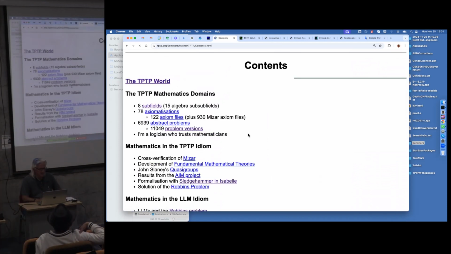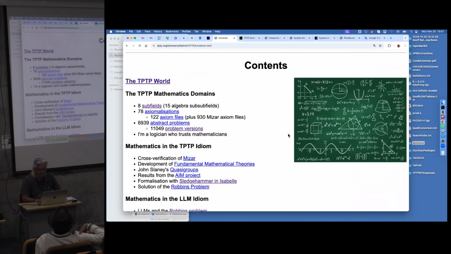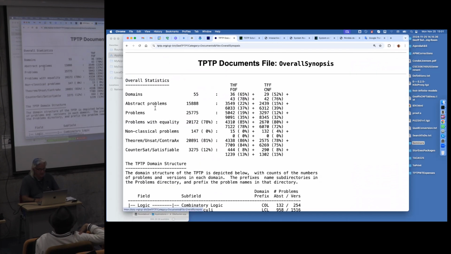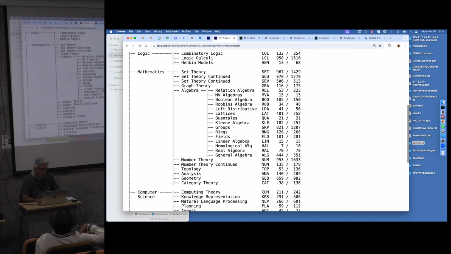As I said at the beginning, there was lots of mathematics. And you saw that I have lots of subfields. Here we go. We have lots of mathematics going on because mathematics is very precise, so it is quite easy to write mathematics and logic, to precisely write down mathematics.